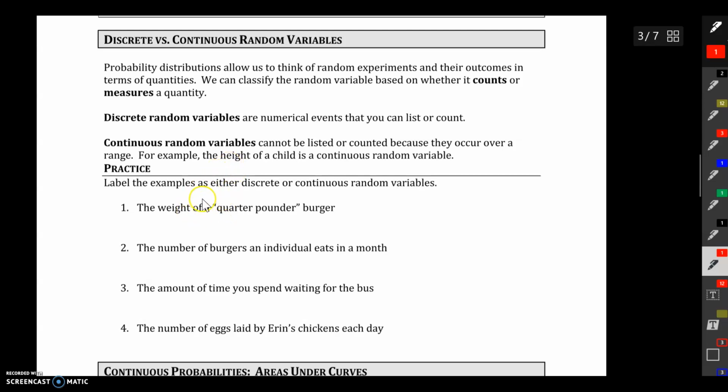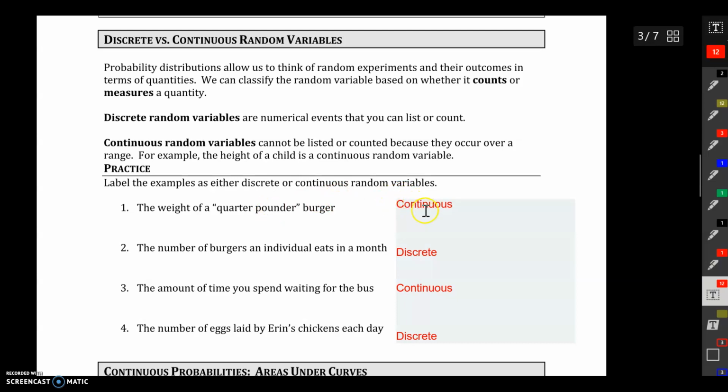Before we move on, again, think about these 4 examples: the weight of a quarter pounder burger, the number of burgers somebody eats, the amount of time you spend waiting on a bus, the number of eggs laid by a chicken each day, and think about, are those particular variables discrete or continuous? Because again, the techniques that we use for statistics vary depending on if the variables we're dealing with are discrete or continuous.